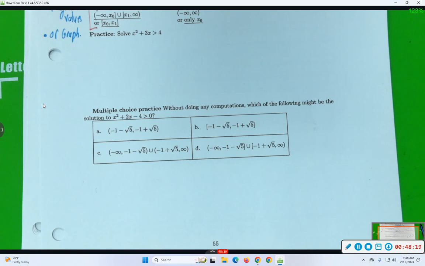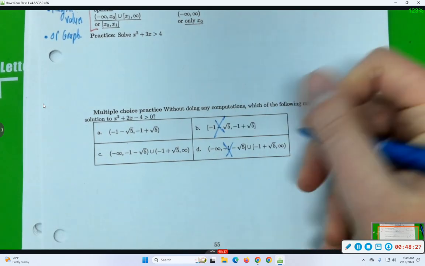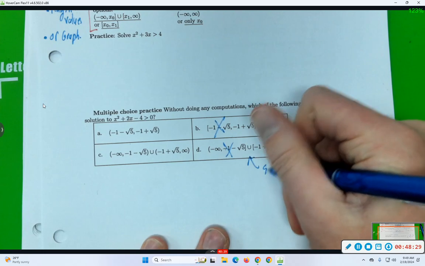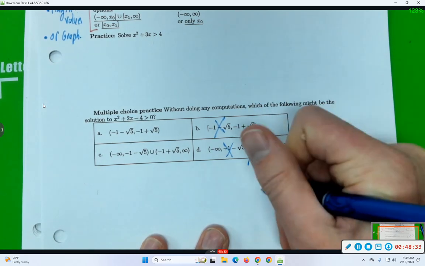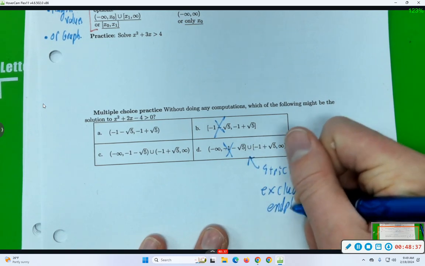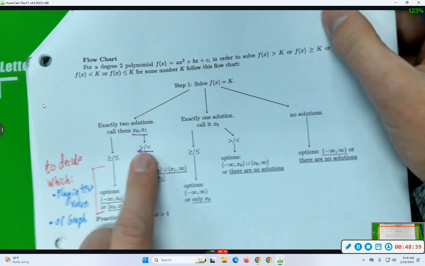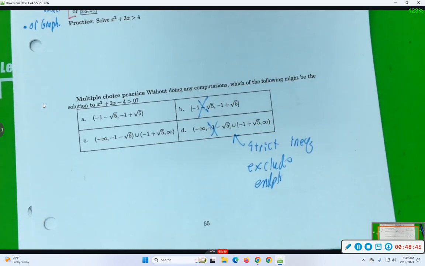B and D, B and D. Why B and D? Because they both have some sort of including. Yeah. Strict inequality will exclude endpoints. Whenever you have a strict inequality, endpoints are excluded. So it's just down to A and C.